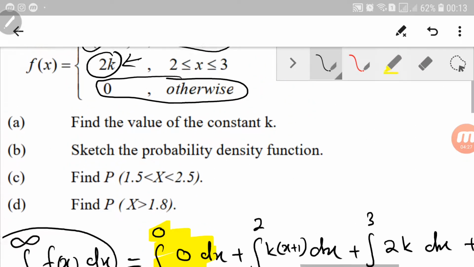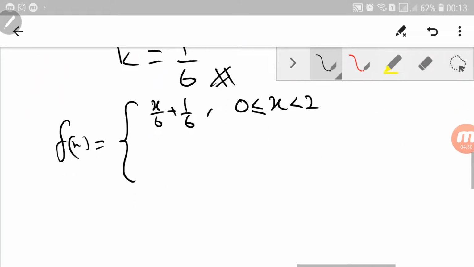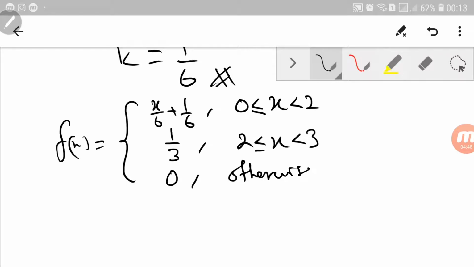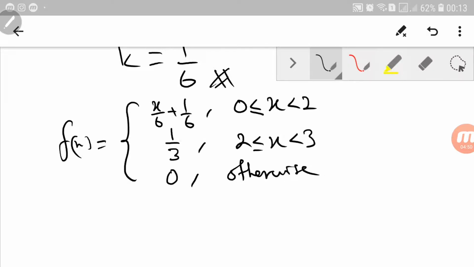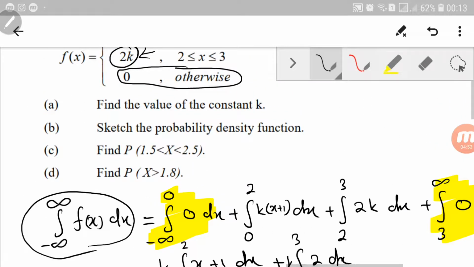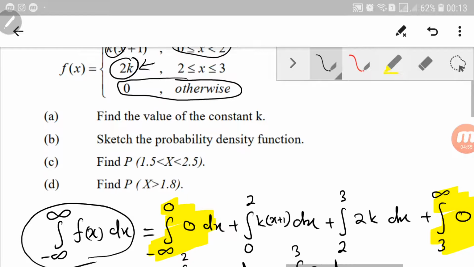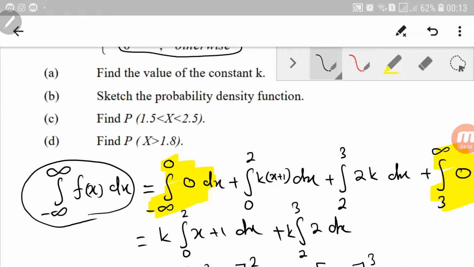Next is 1 over 6 multiplied by 2, so 2k. 1 over 6 is 2 over 6... that's 1/3 when x is from 2 until 3, and it is 0 otherwise. So this is how we rewrite the function with the known value of k.